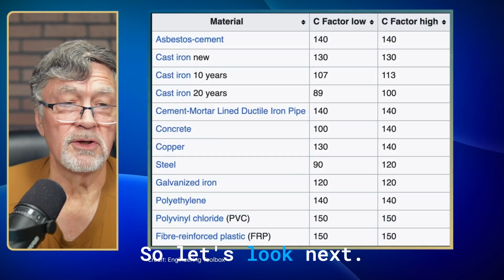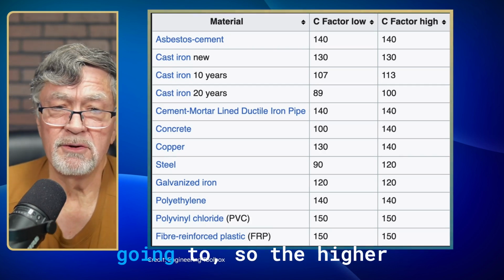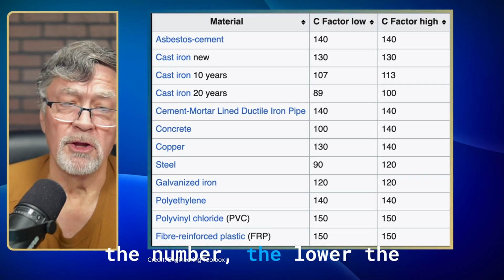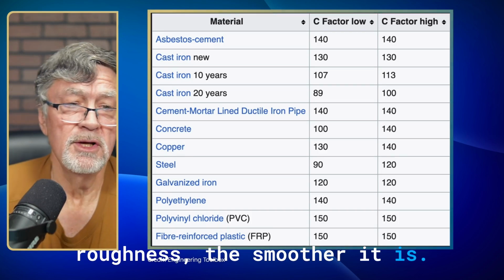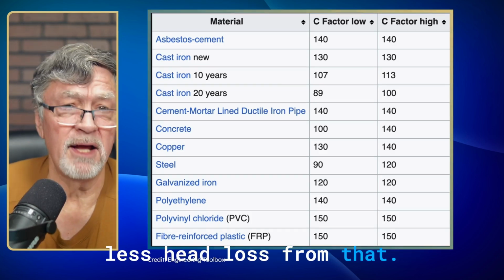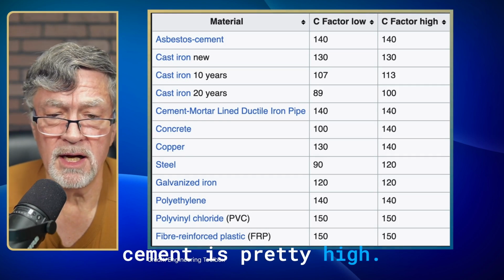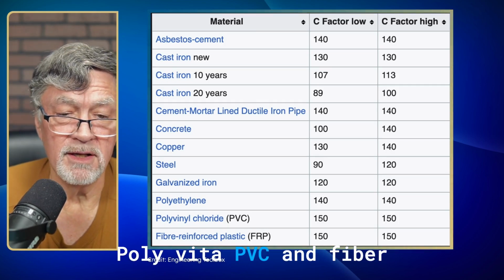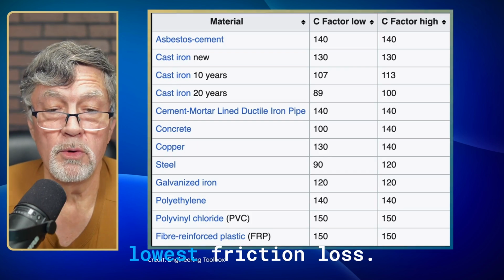So let's look next. These are the roughness or the C factor. The higher the number, the lower the friction loss, or the lower the roughness, the smoother it is. So you're going to get a little less head loss from that. You can see that probably the asbestos cement is pretty high. Polyvinyl PVC and fiber reinforced plastic are really going to be the lowest friction loss.